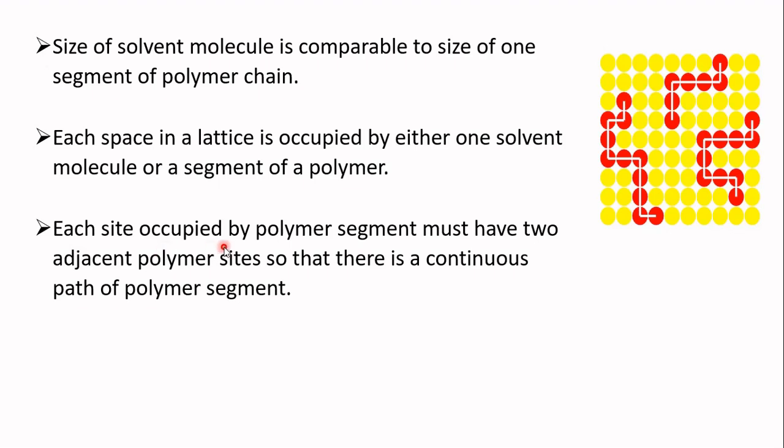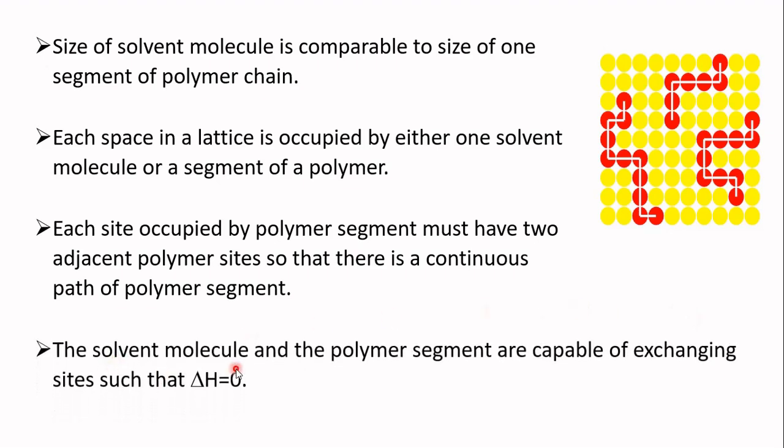Each site occupied by polymer segment must have two adjacent polymer sites so that there is a continuous path of polymer segment. While adding a polymer segment to the lattice point, we have to take care of that. So each segment should have two adjacent polymer sites because the chain has to grow.